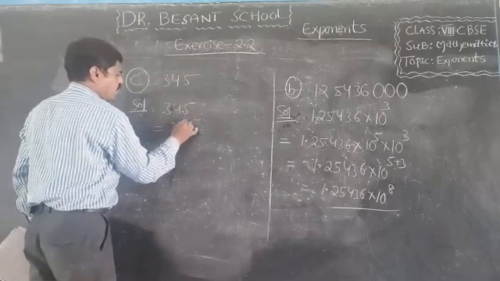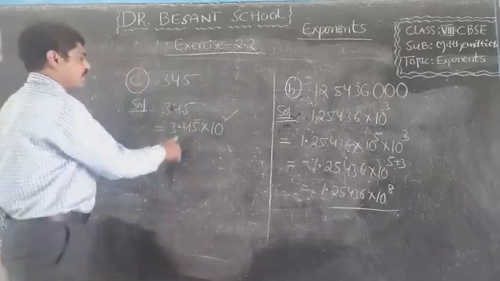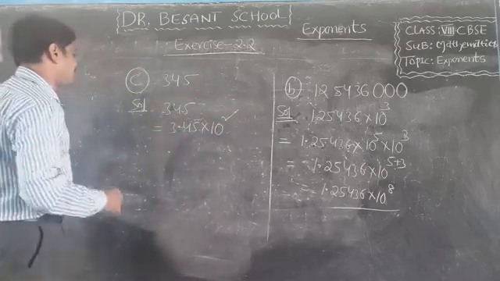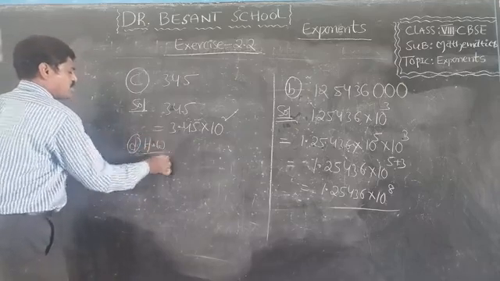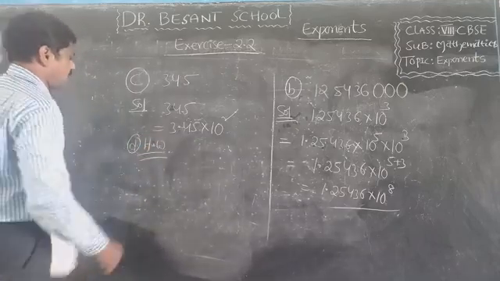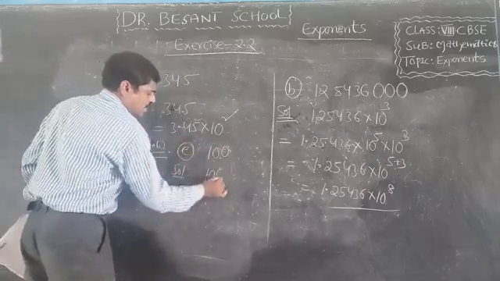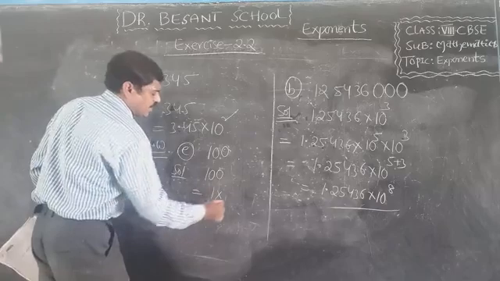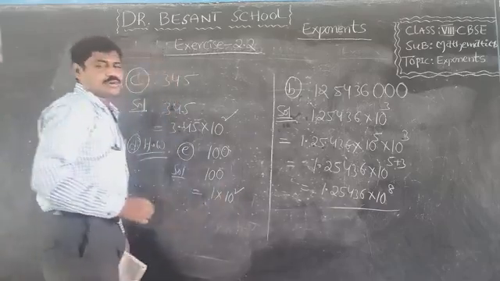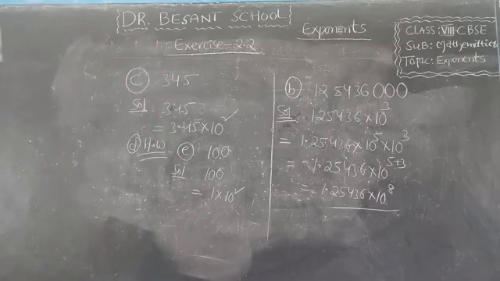This one is 3.45 into 10 square. After decimal 2 digits, that's why 10 square. Next D, do homework. E: 100. It means 100 is equal to 1 into 10 square. That's enough. This is the first Roman solutions.